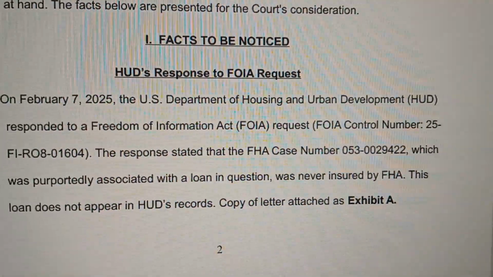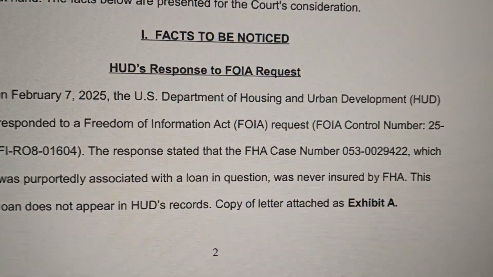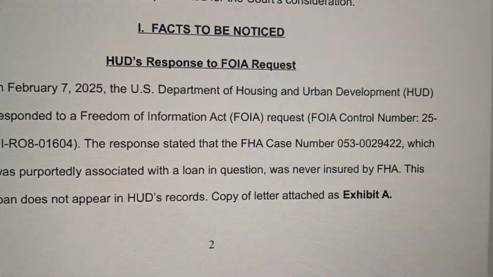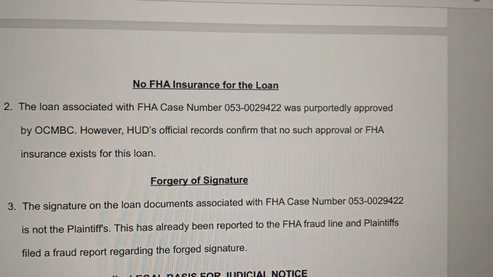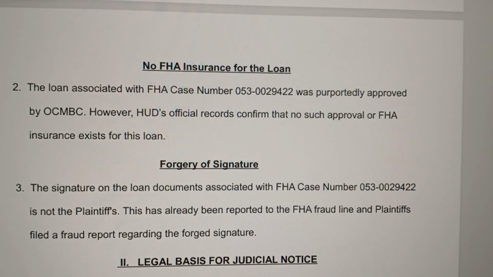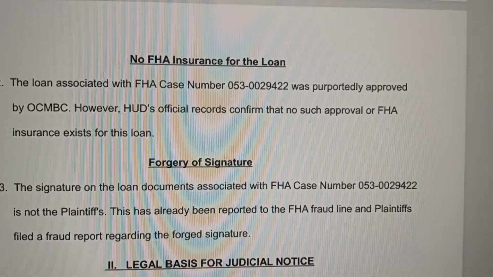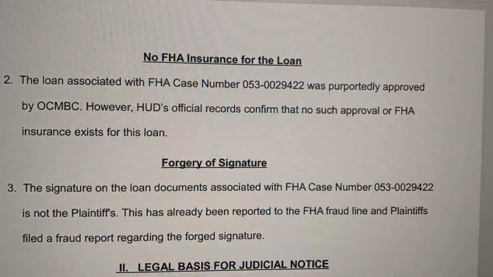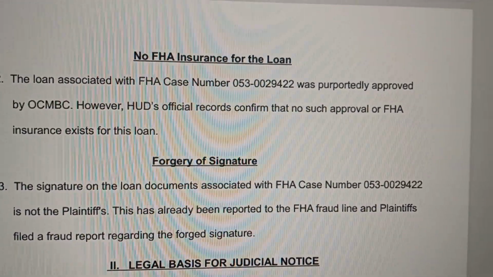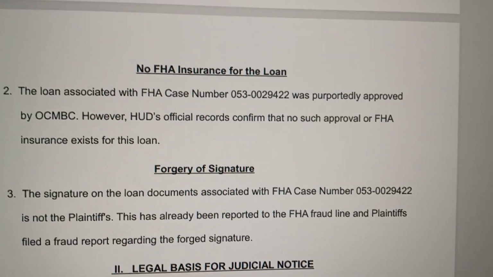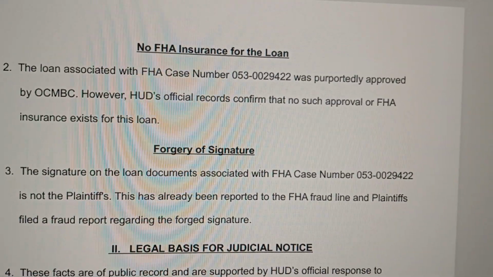This loan does not appear in HUD's records. A copy of the letter is attached as Exhibit A. No FHA insurance for the loan. The loan associated with FHA case number was purportedly approved by OCNBC. However, HUD's official records confirm that no such approval or FHA insurance exists for this loan.